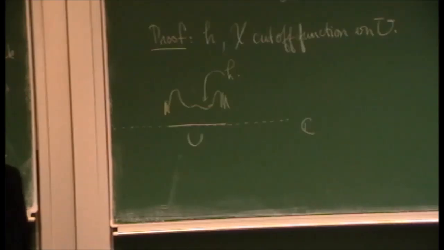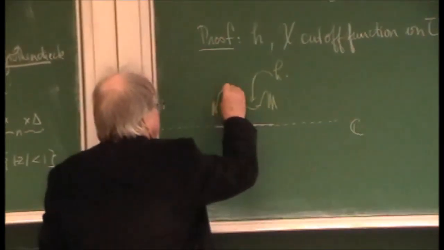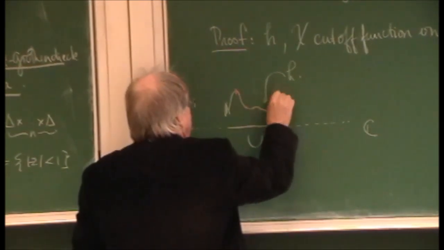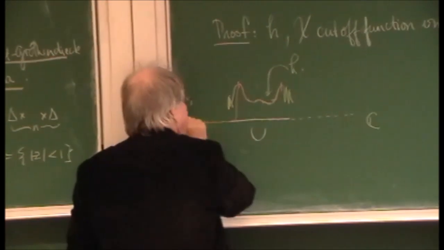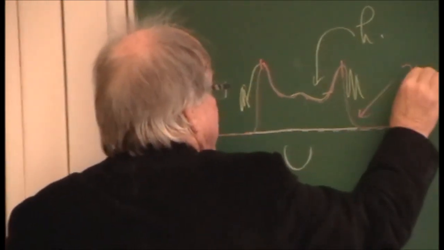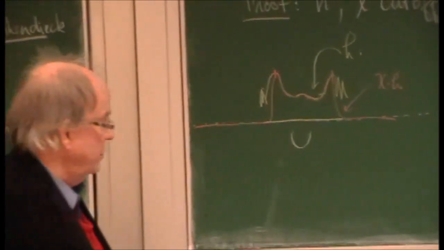And then you cut it off. Here you don't change it at all, and then you cut it off with chi and extend it by 0. So this is chi times H. All right, you cut it off and then you extend it to be 0.